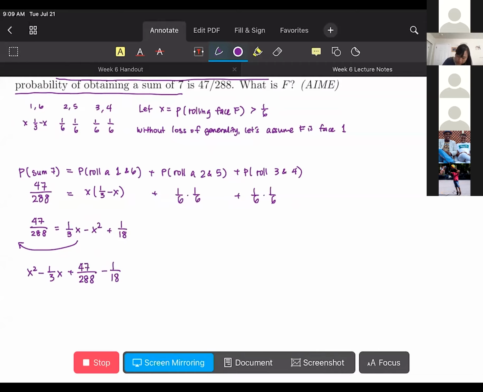If we factor 288, that's 2 times 144, which is 12 times 12, so this equals 2 to the 5th times 3 squared, if I did that right.